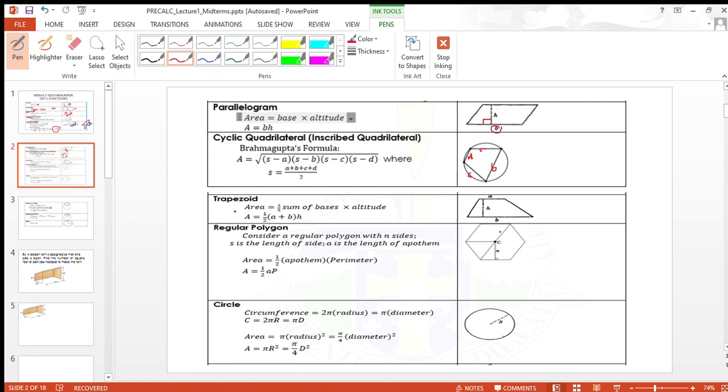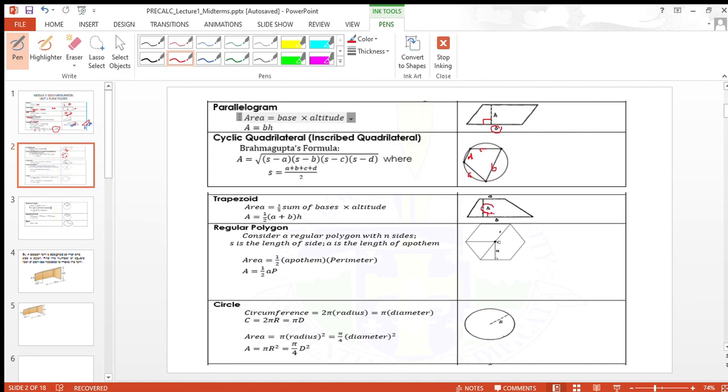Then next is the trapezoid. A trapezoid is a quadrilateral wherein we have a pair of parallel sides and a pair of non-parallel sides. The parallel sides are called the bases. And when we take the distance between our parallel sides, of course, that will always be the perpendicular distance.